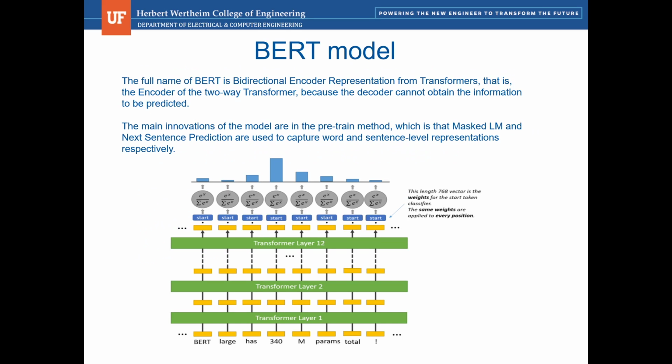So the full name of BERT is Bidirectional Encoder Representations from Transformers. It uses the encoder of the two-way transformer because the decoder cannot obtain the information to be predicted. Actually, let's talk about the transformer model.